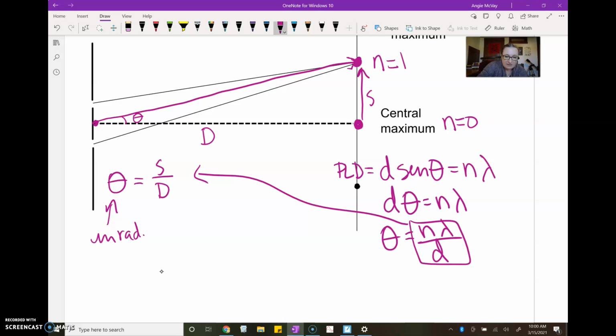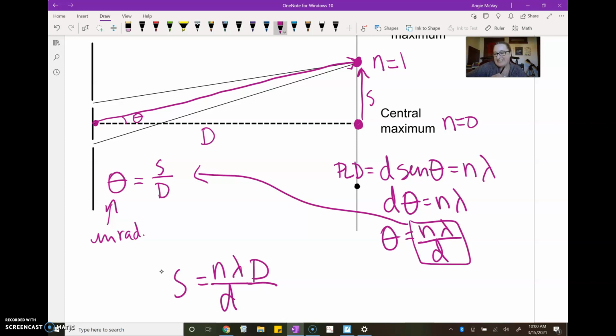If we set the thetas equal to each other, s over d equals n lambda over d. And then if we solve for s, okay. So here's another equation.